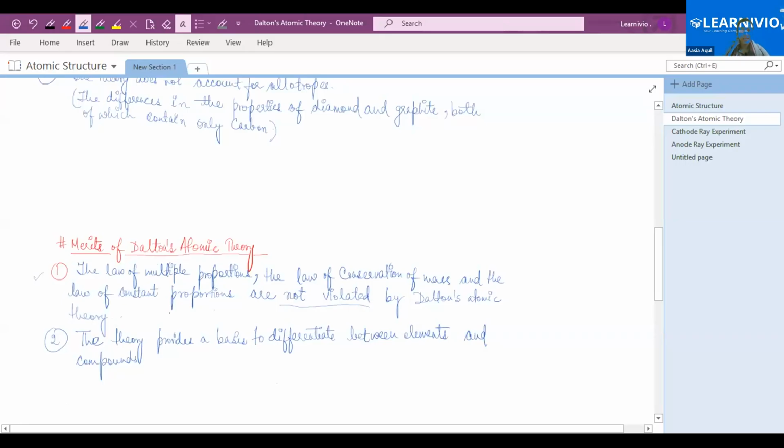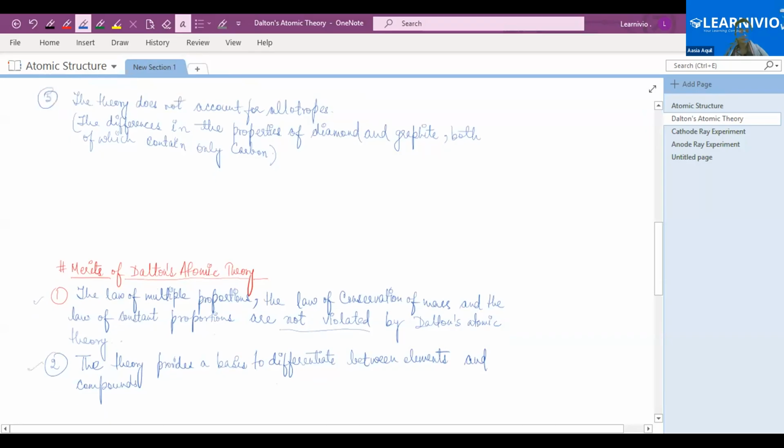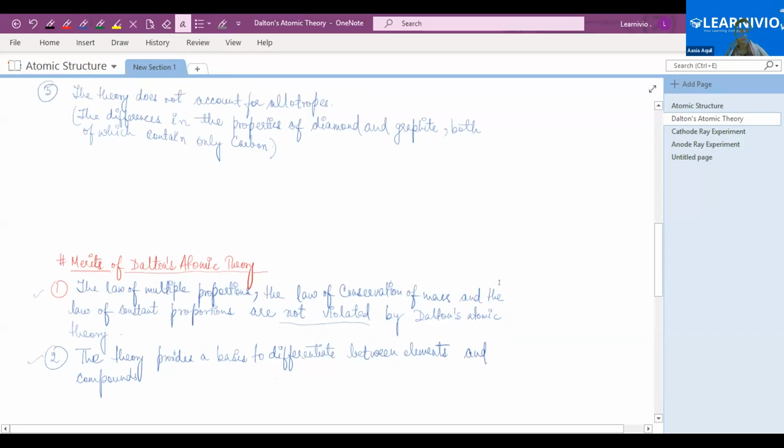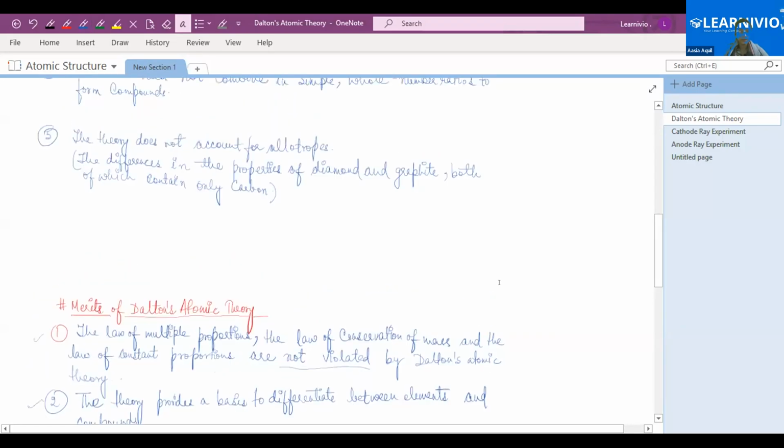The second merit was that the theory provides a basis to differentiate between elements and compounds. According to the theory, you can differentiate between elements and compounds. So you can write down the merits.